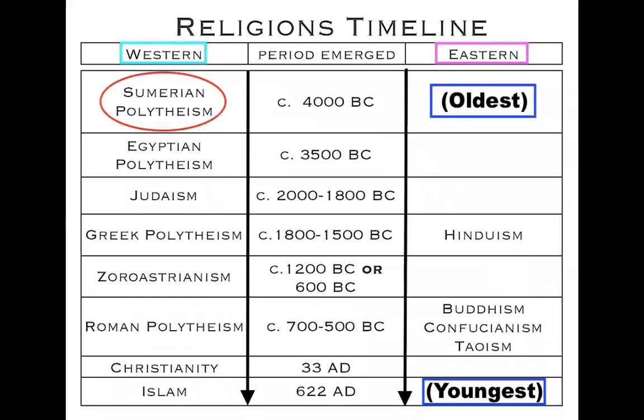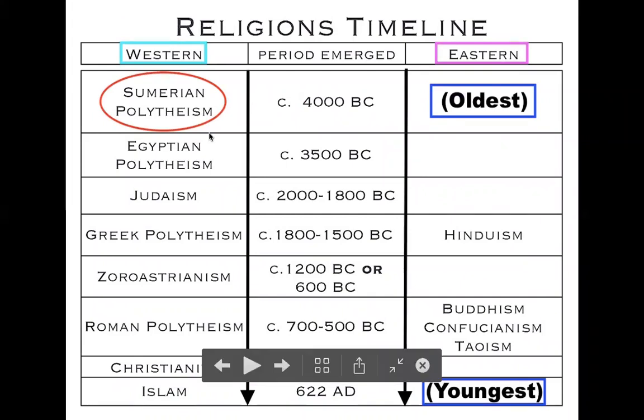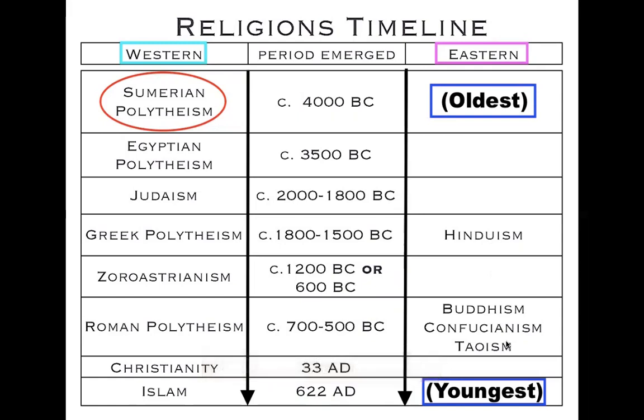So another way of looking at this is instead of left to right, top to bottom. In this left-hand column, you have Western world religions, so to speak, as opposed to Eastern, like Hinduism and Buddhism, Confucianism, Taoism, and so on, of the Far East.